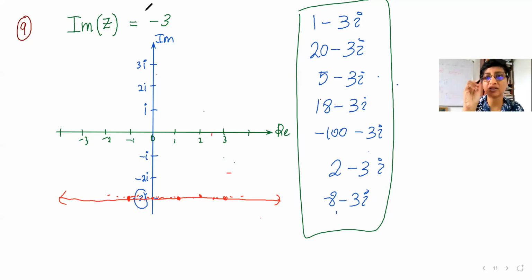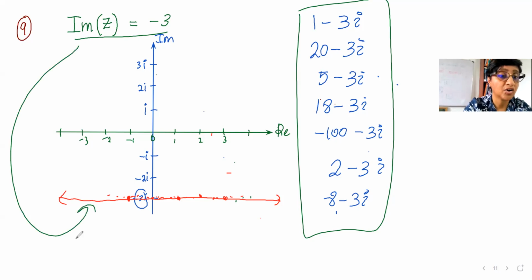If you keep plotting all the points, this number, this number, this number, you'll end up with a line, and this is this line. All the numbers on this line have an imaginary part of -3. This is a visual illustration of a set of numbers satisfying a given condition, right? This is the condition.